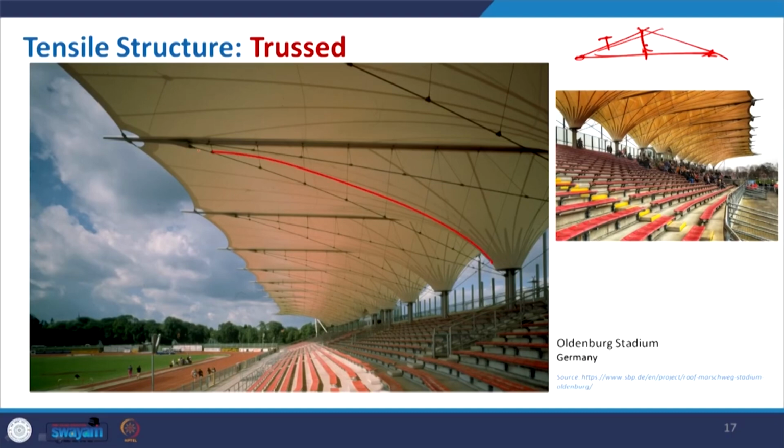In this case again the cable is being used. You can see this is Oldenburg Stadium in Germany, which again is a membrane structure like all the others. Again, in the curvature you get this anticlastic form, which takes care of all the load applied on it, but it is supported with a truss system.